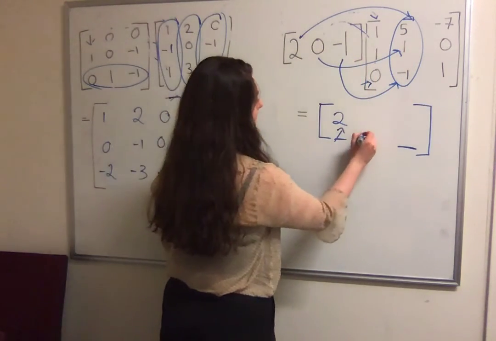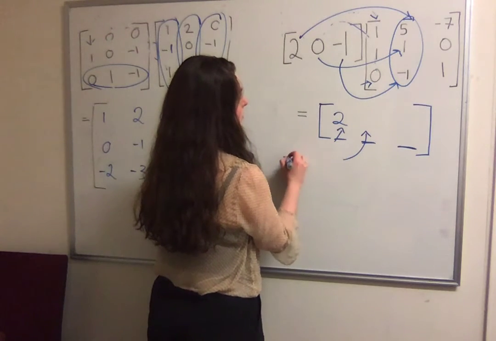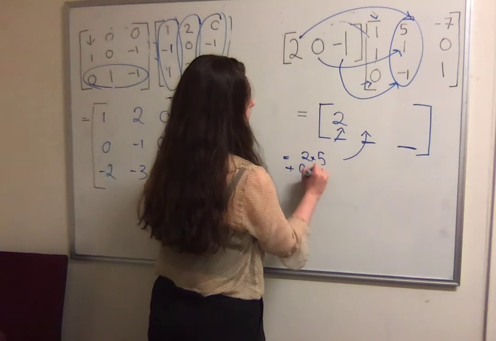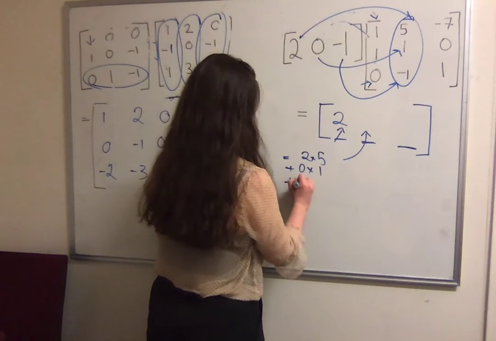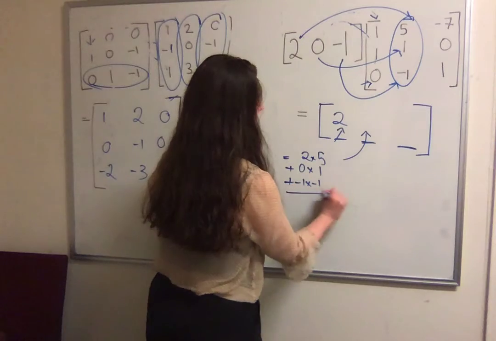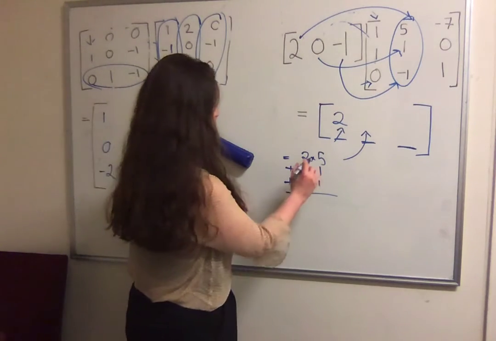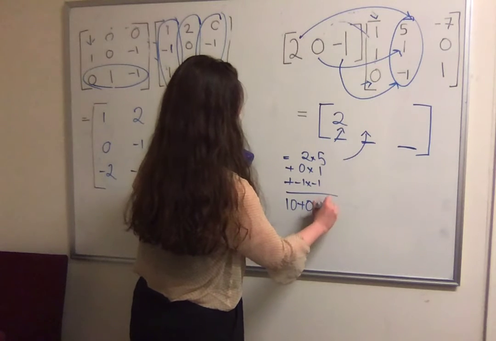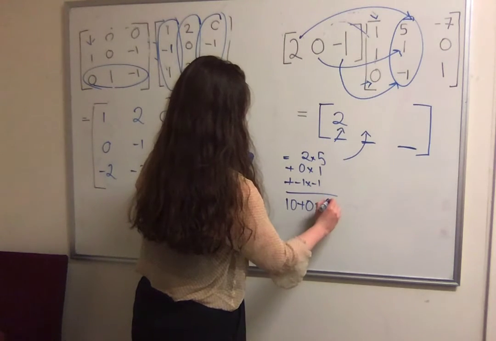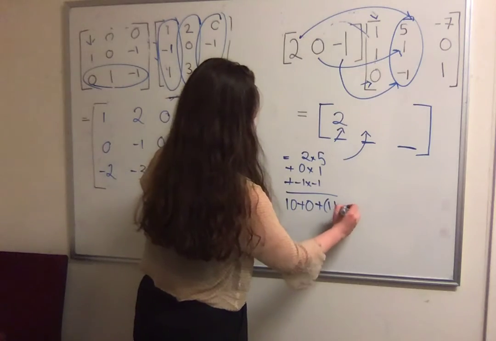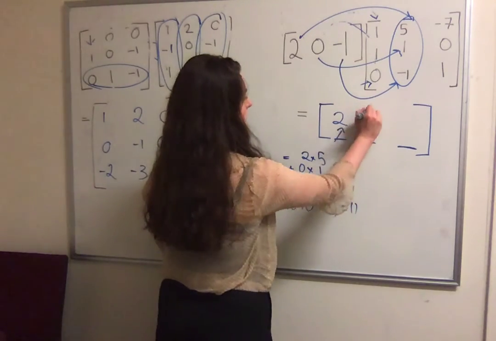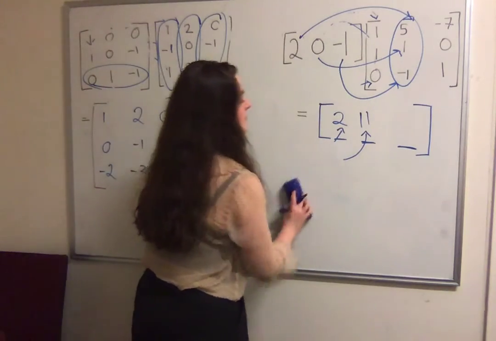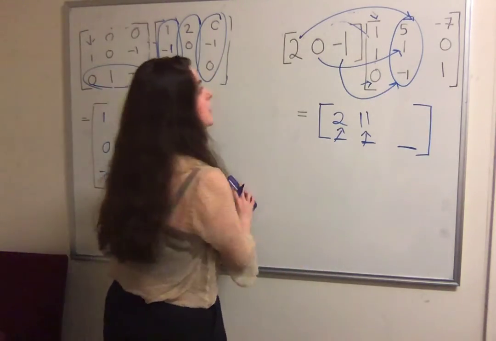So to write that all out, this entry here will be equal to 2 times 5 plus 0 times 1 plus negative 1 times negative 1, which is equal to 10 plus 0 plus 1, which is going to be equal to 11. So that's an 11 there. Again, same old, same old.